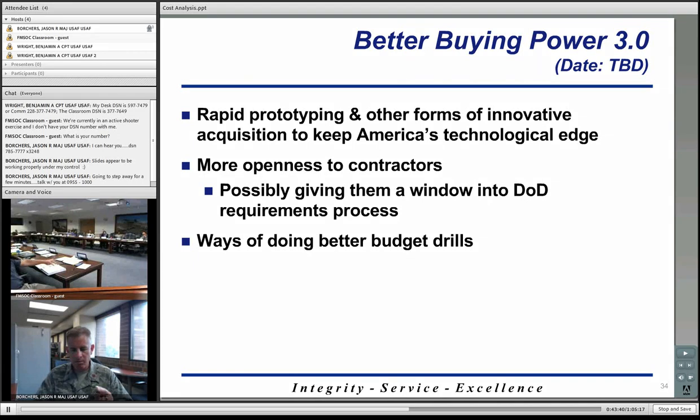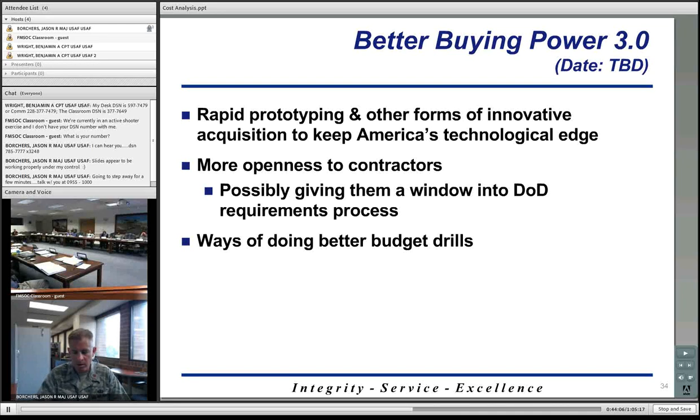It's going to be focused more and more on providing more value for both the warfighter, or the government, and the taxpayer. But it also wants to take a look at both sides, the government side and the contractor side, and provide those incentives so that it's a win-win situation for both of us. Better value for the government and higher profit for the contractor.